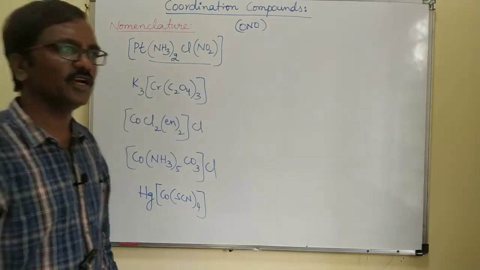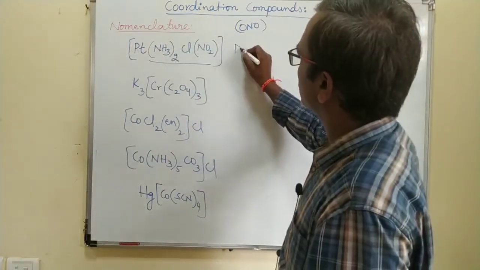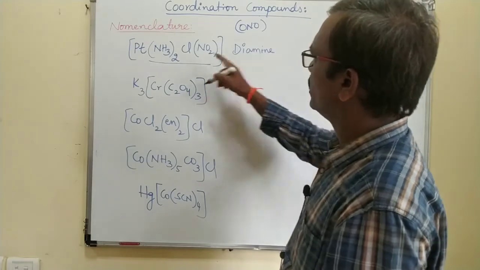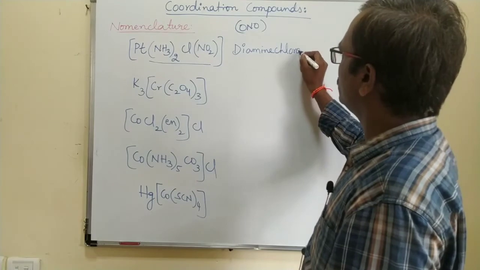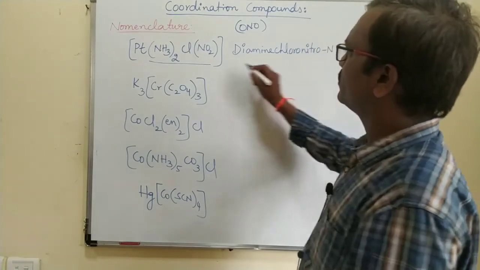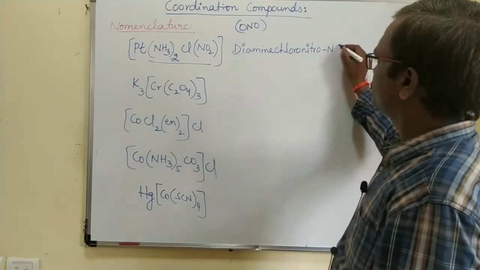What you have to do? You have to follow the alphabetical order. So diamine, chloro, nitro, right? Diamine, chloro, nitro. N comes first. So platinum.